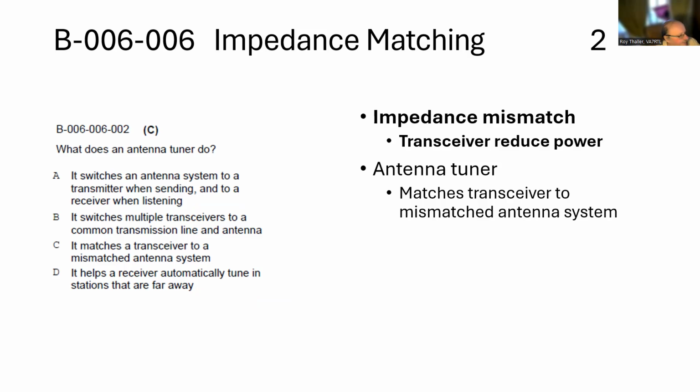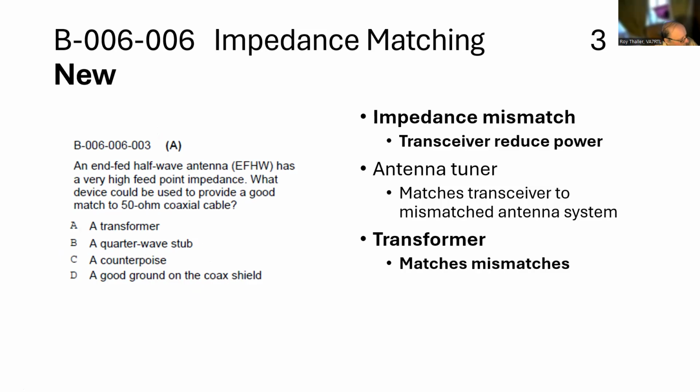What does an antenna tuner do? So it matches the transceiver to the mismatched antenna system. So C is the correct answer. So it adds either inductive reactance or capacitive reactance to the system to provide a better match. A new question here.